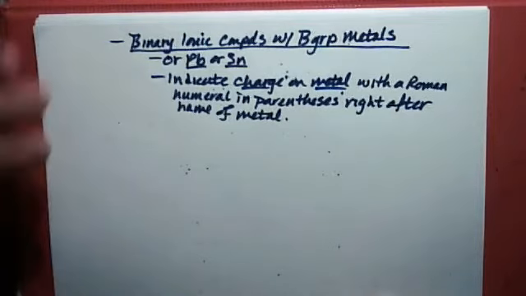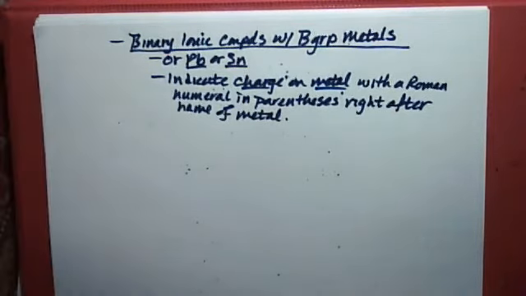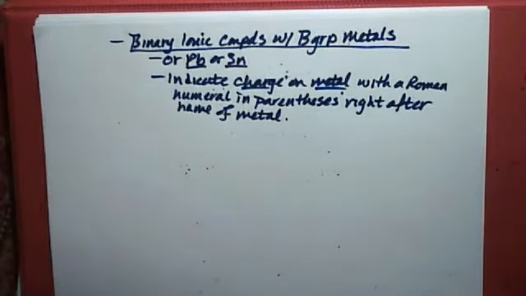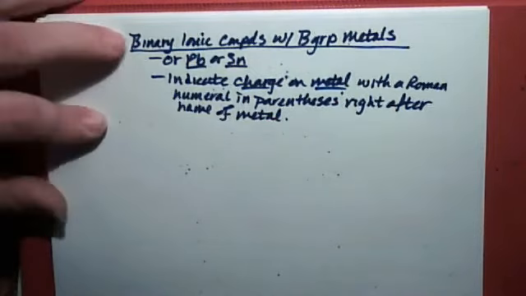Still, the name of the cation is just the name of the metal, and the name of the anion is formed the way we formed them before, the base of the anion ending in IDE. So that stuff should all be the same.